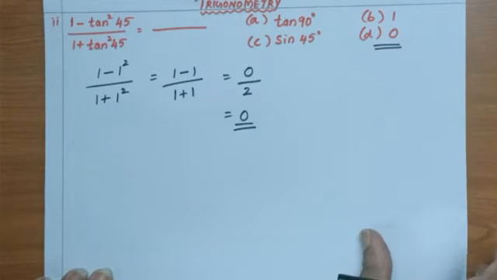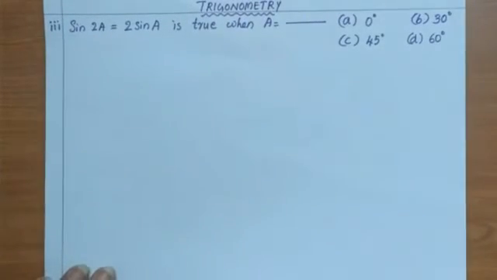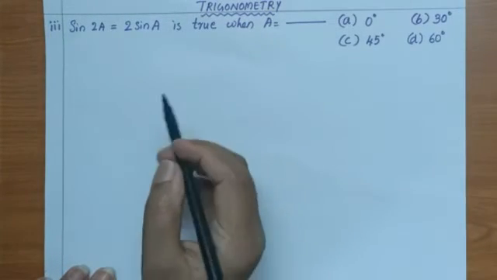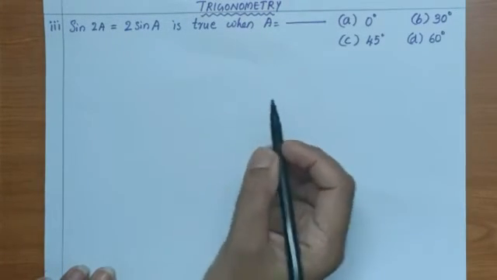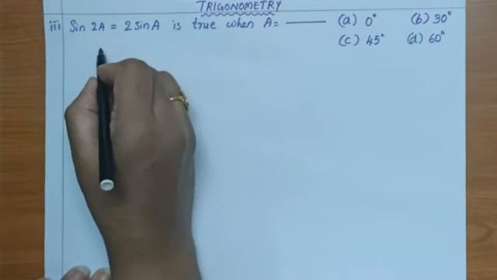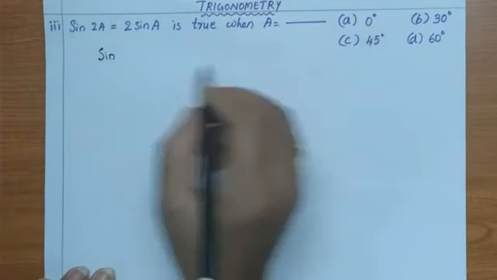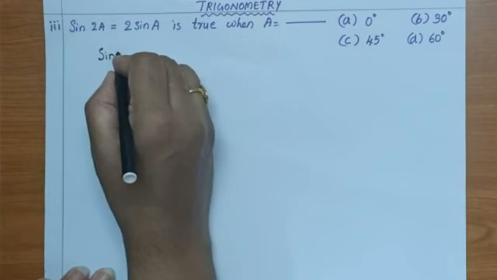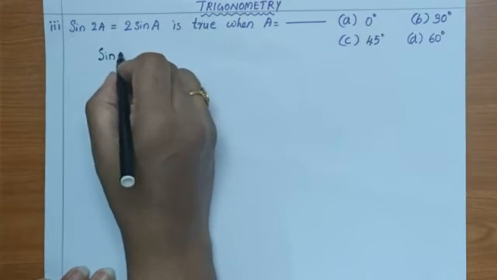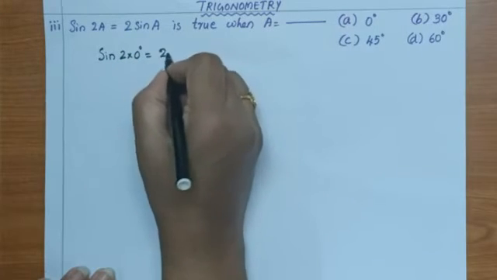Now question number 3. Sin 2A equals 2 sin A is true when A equals dash. First of all, the first option is 0. We can give the value 0 degree for A. Sin 2 multiply 0 degree equals 2 into sin 0.